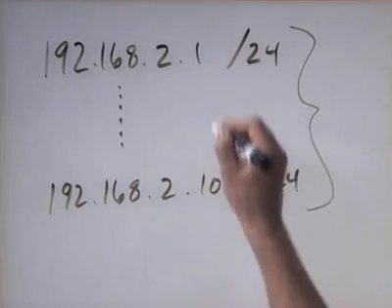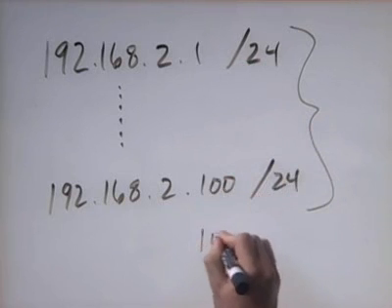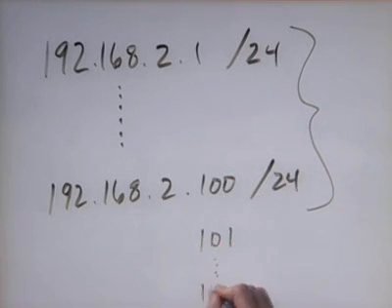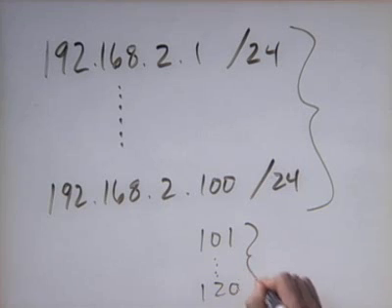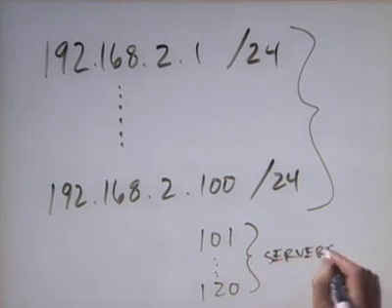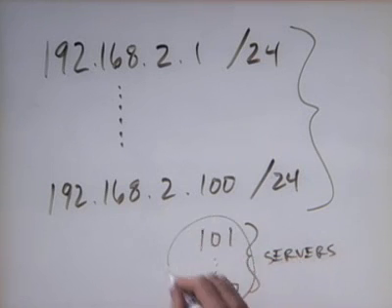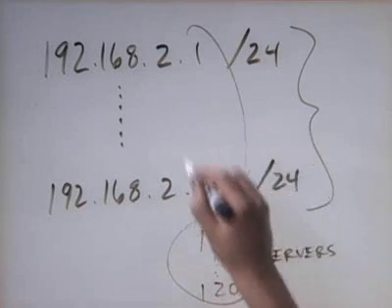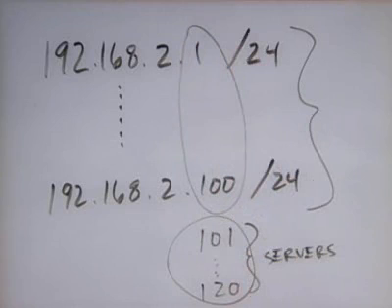Our original scope here only defines 1 to 100. Now, if our servers range from 101 up to 120, then we're okay. In a sense, these addresses have been excluded from the original scope of 1 to 100. We could call that an implicit exclusion.